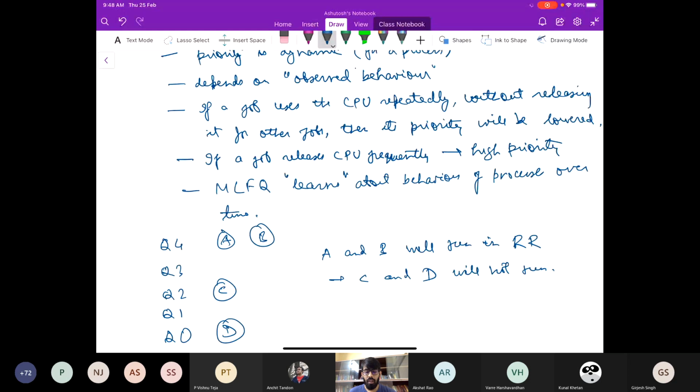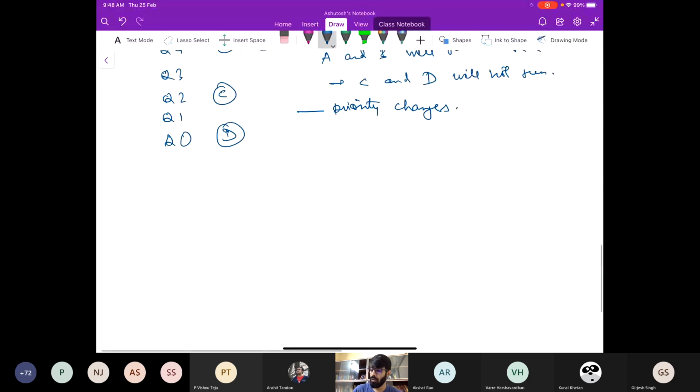This is just the basic example, but of course this is not acceptable, that C and D will never run, and we'll see because I said the priority changes. So then we'll have to see how the priority changes. Okay, good. So now the question is how to change priority.